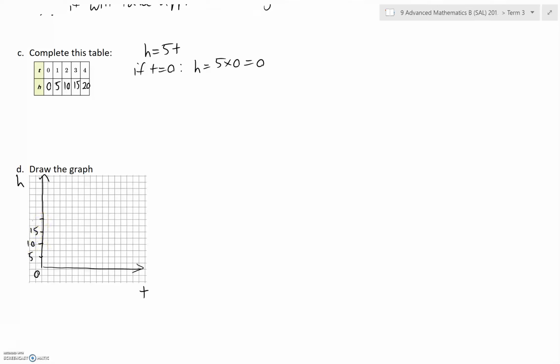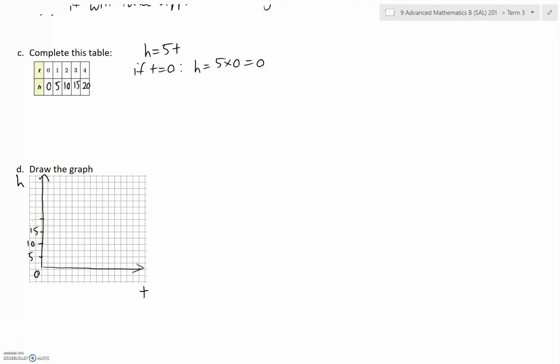Of course, you could have used your knowledge of line information and plotted it in another way and used rise over run, but you don't have to do that, but you could have, same as before. But something I really want you to note here, note the height and time cannot be negative. So you have to think about the actual problem that you're working with.